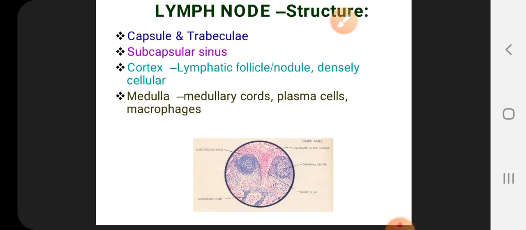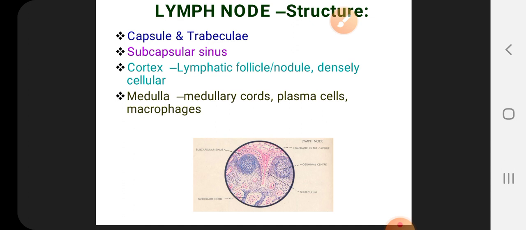Now we'll go to the detailed histological features. The lymph node is covered by a capsule and trabeculae extending within the tissue of the lymph node. There is a space just below the capsule, called the subcapsular sinus.